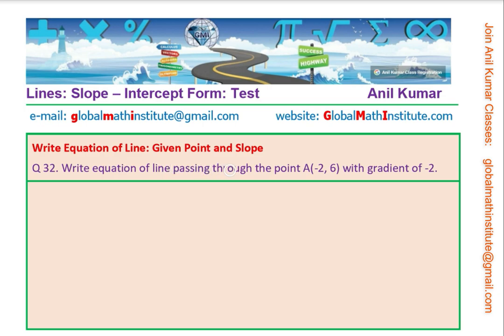Question 32. Write the equation of the line passing through the point A, which is (-2, 6), with a gradient of -2. So we are given a point whose coordinates are (-2, 6), and we are given the gradient or slope of -2. So the line will be y equals -2x plus b, correct? To find the value of b, what should you do? Substitute the point.